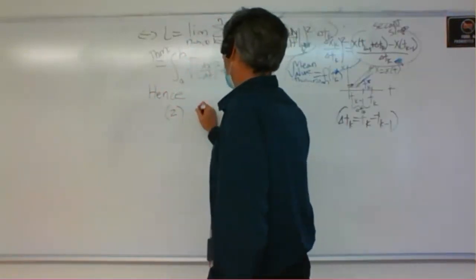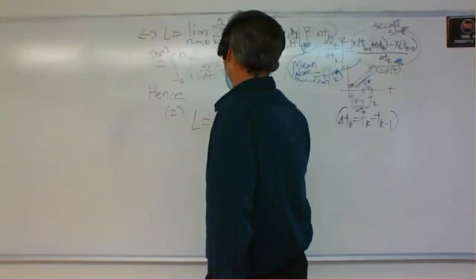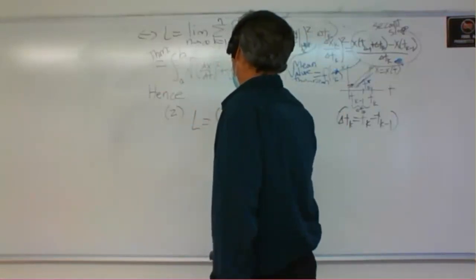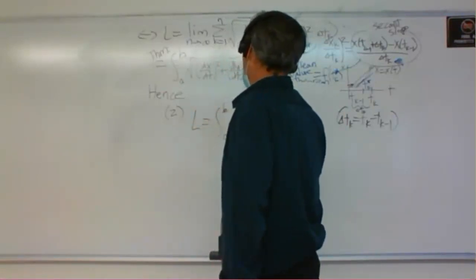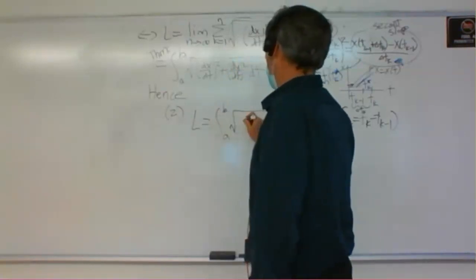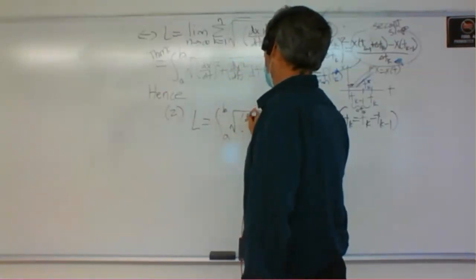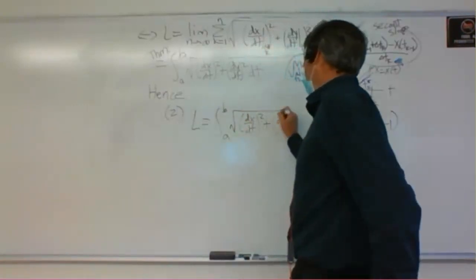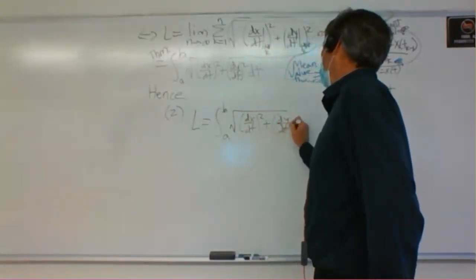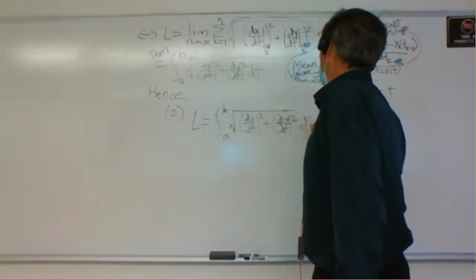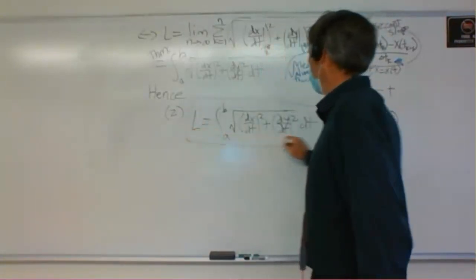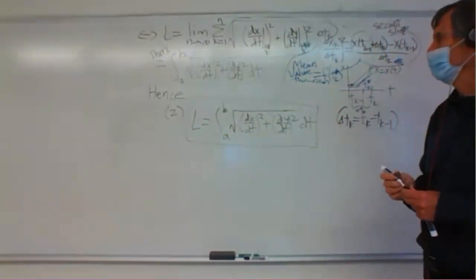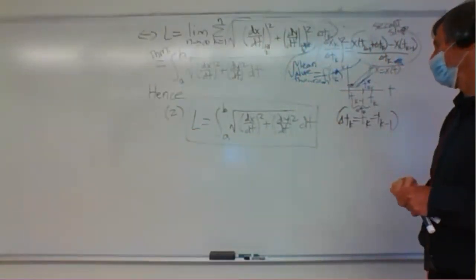The arc length of the smooth curve from a to b is the integral from a to b of the square root of dx dt squared plus dy dt squared, dt. That's how we'll evaluate arc length along a curve.